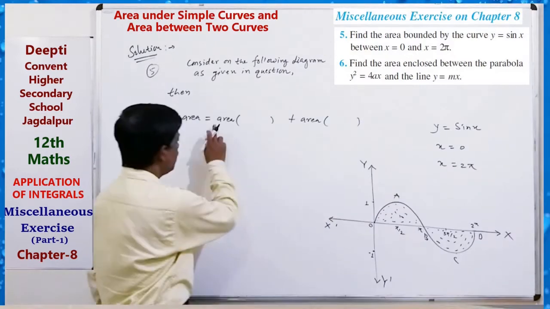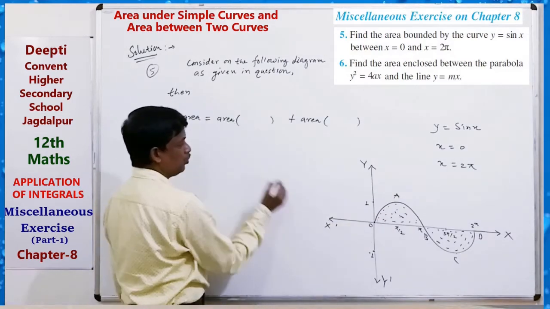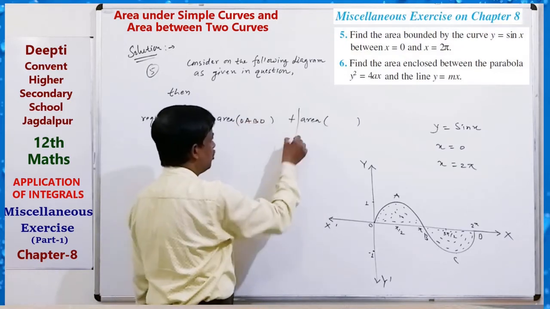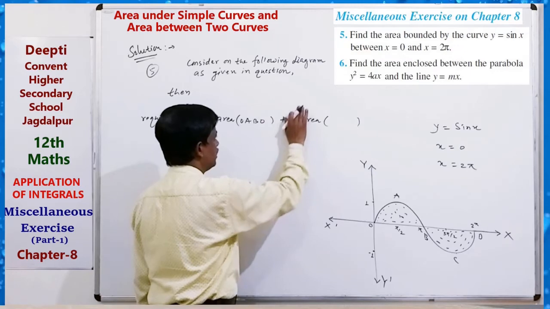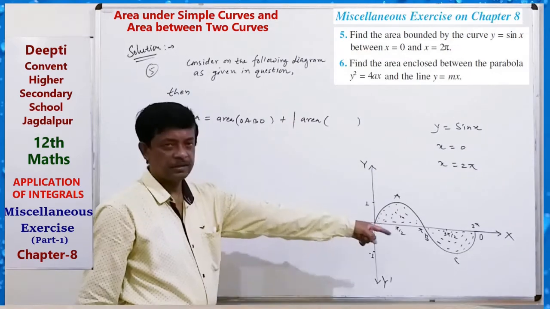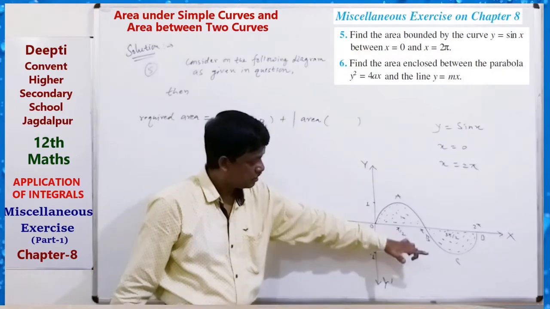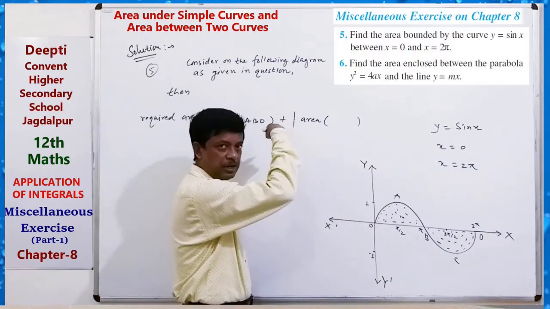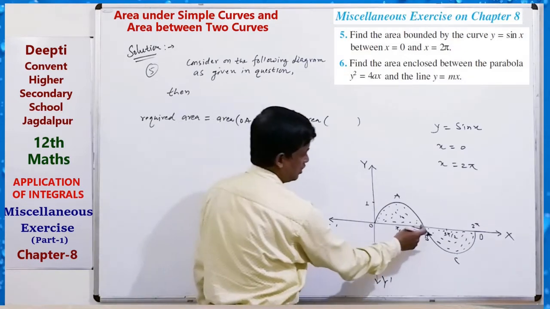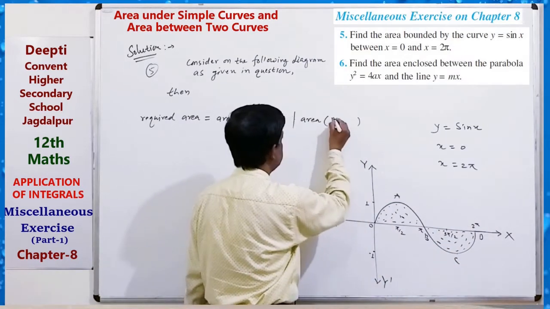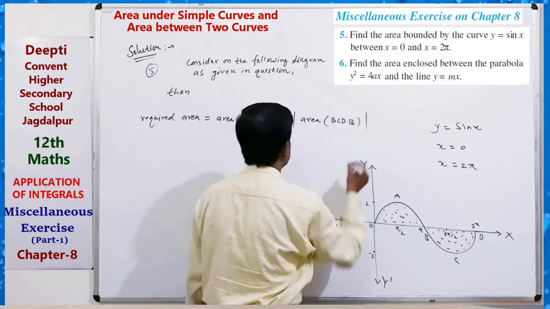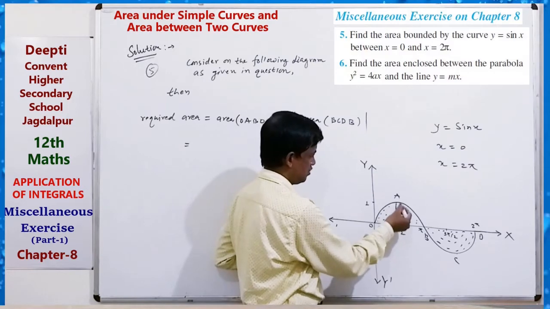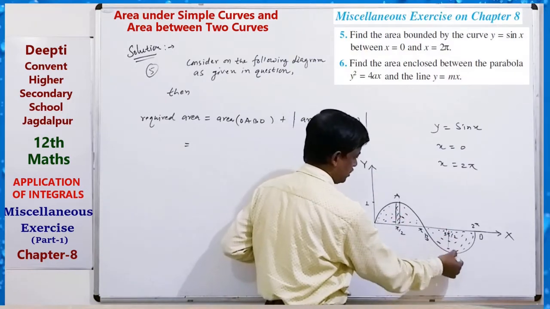So you can write area of first OABO, and modulus of area BCDB, because the area is below the x-axis, so on the negative side we have to take the modulus sign. So we can take a vertical strip like this, here also like this.